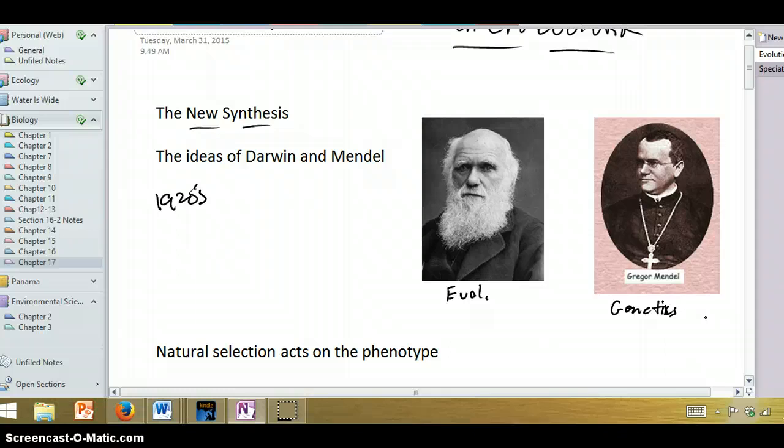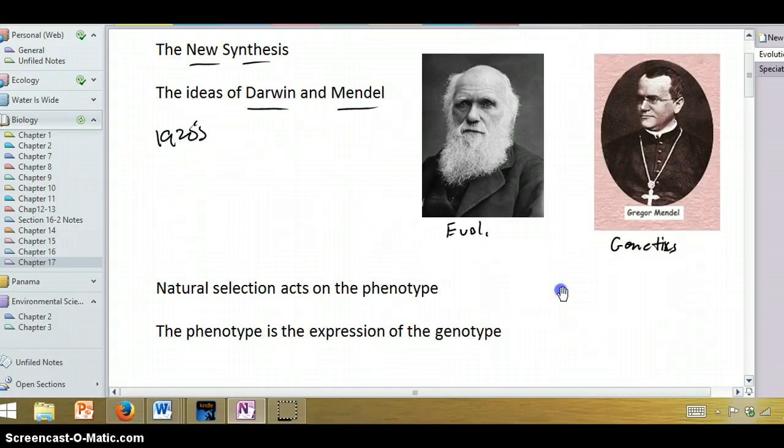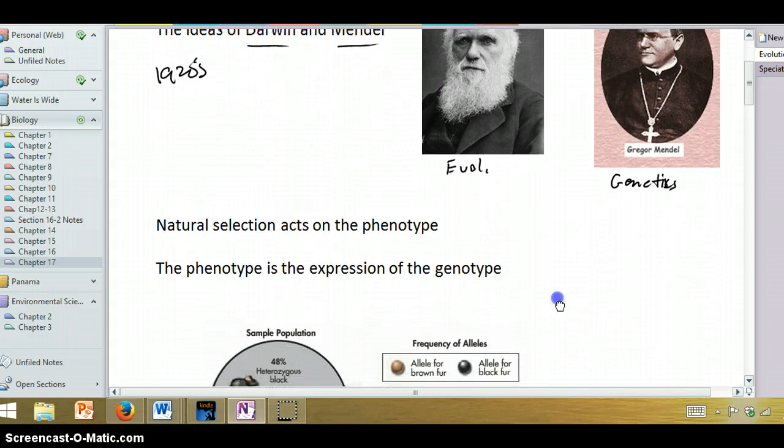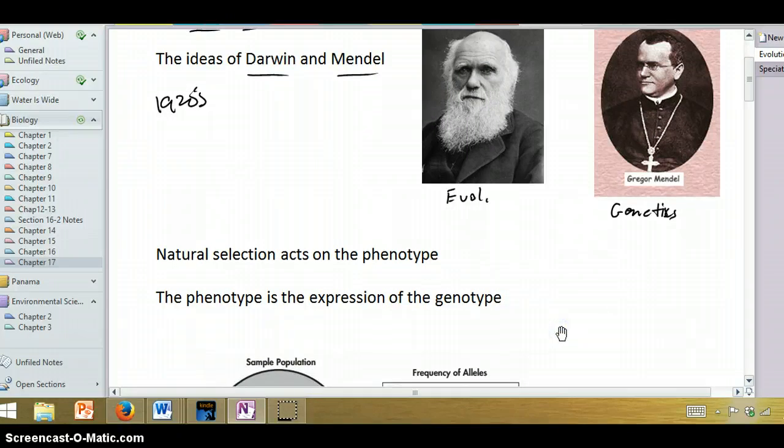In fact, Mendel's work really was not fully appreciated until after he had died, whereas Darwin was quite famous during his life. But it was in the 20s when evolutionary biologists brought the ideas of evolution and genetics together and realized that natural selection, as described by Darwin, acts on the phenotype, and as we get from Mendel's work, the phenotype is an expression of the genotype.